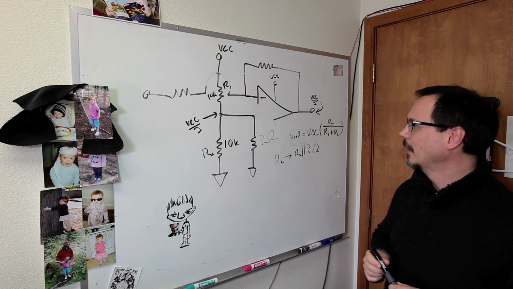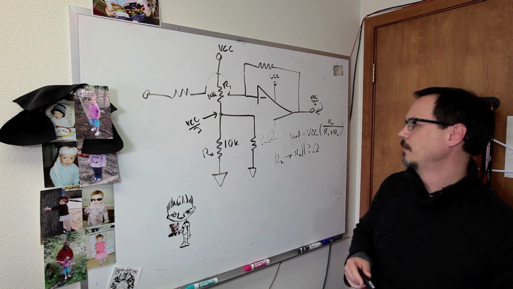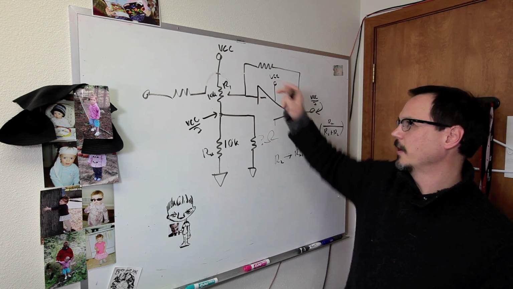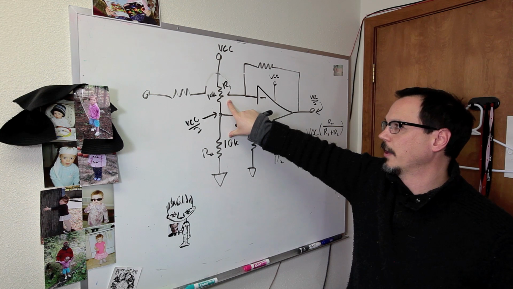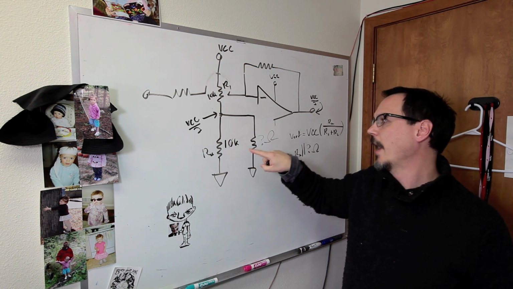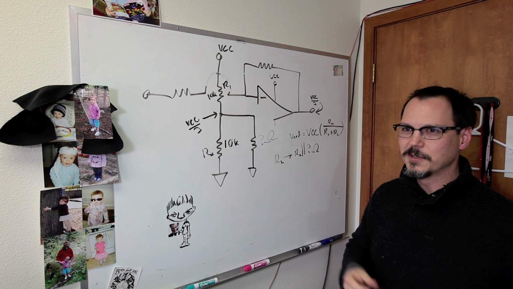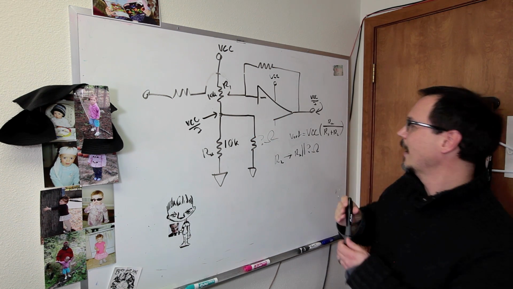Marketers do that. The second thing is, I like to avoid very, very small currents. If I jack these values up to like 1 meg or something like that, much less current flows through this guy, okay? That kind of thing becomes susceptible to noise. And this is a really high gain, right?